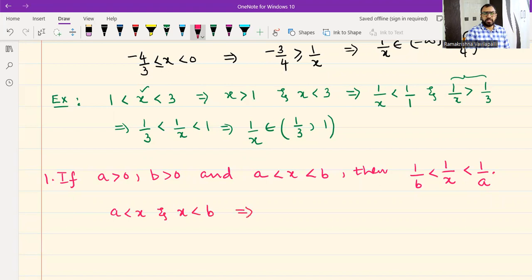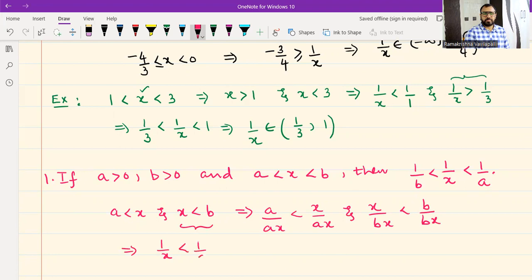Here x, a, b all are positive, so divide by ax: a by ax less than x by ax, and divide by bx: x by bx less than b by bx. So you will get 1 by x less than 1 by a, and here x cancelled, 1 by b is less than 1 by x.